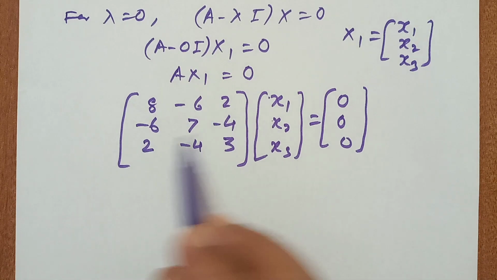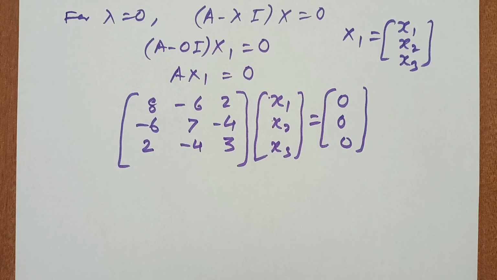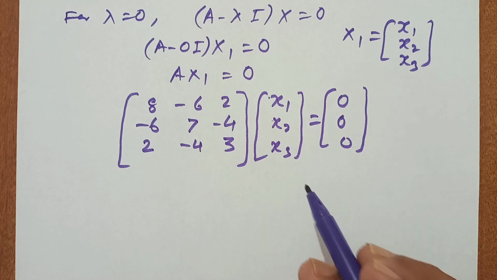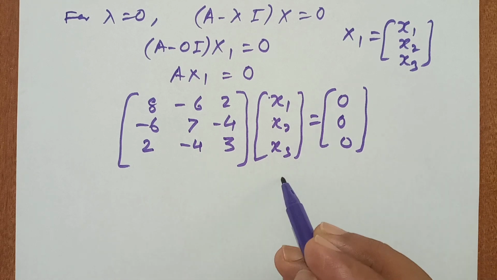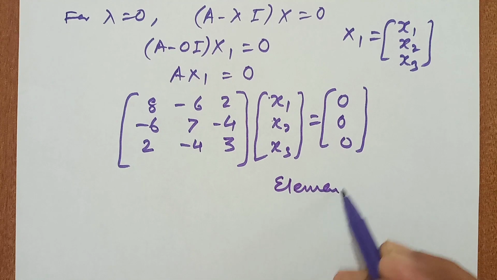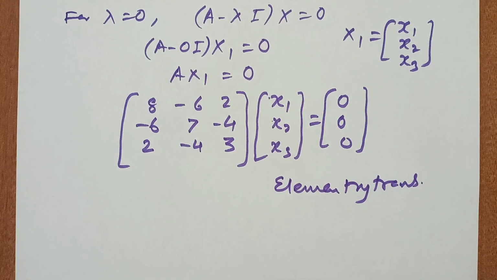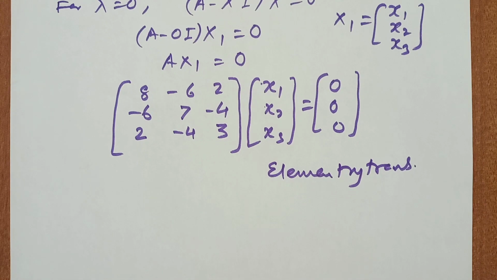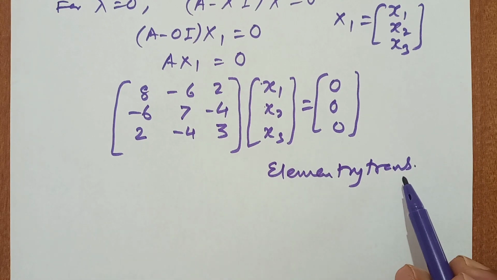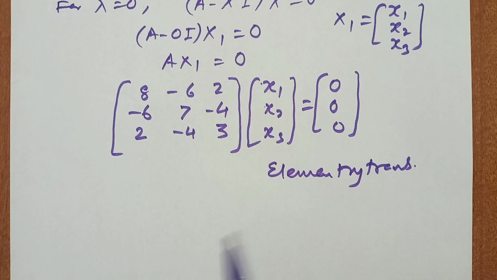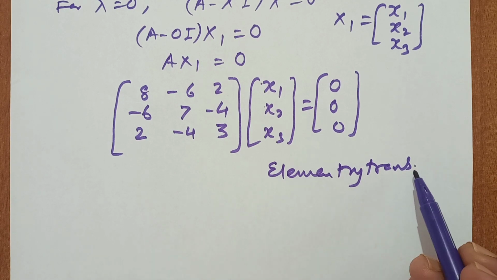We get 3 equations here, but now I am applying the rank method, that is, the elementary transformation method to obtain the rank. Earlier we explained that one method is the elementary transformation method.